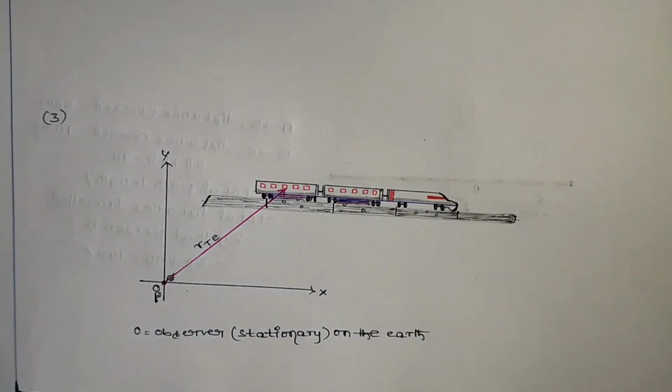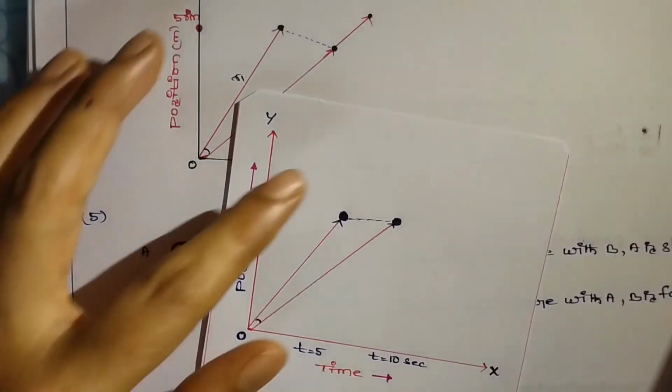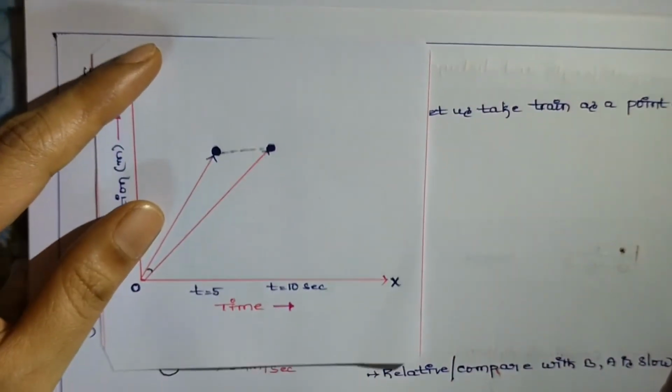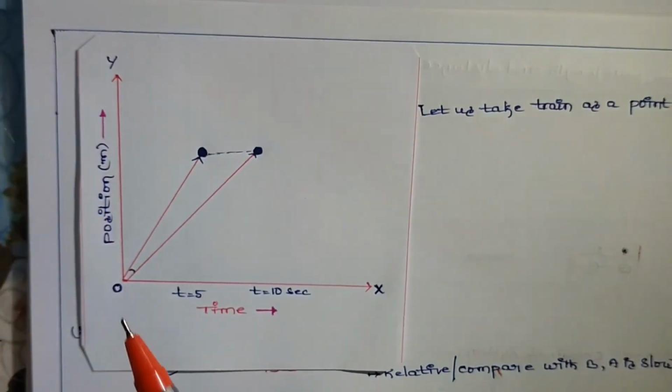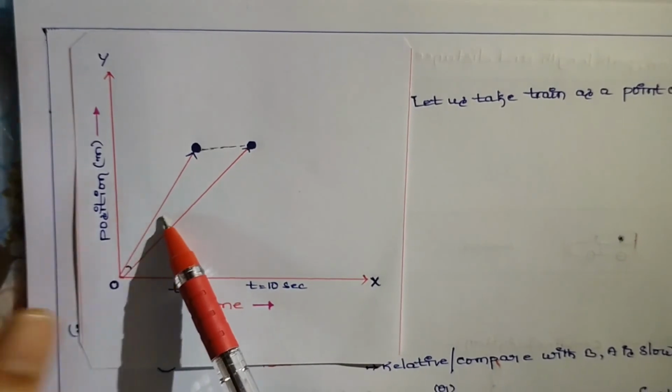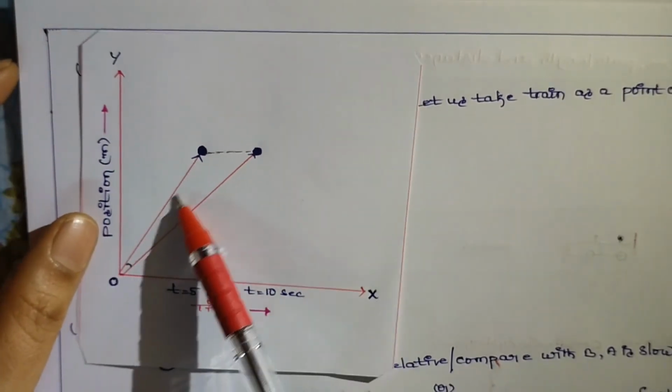If we take a point object, the pictorial representation will be like this. Here, this is the position vector. We represent it as R1.